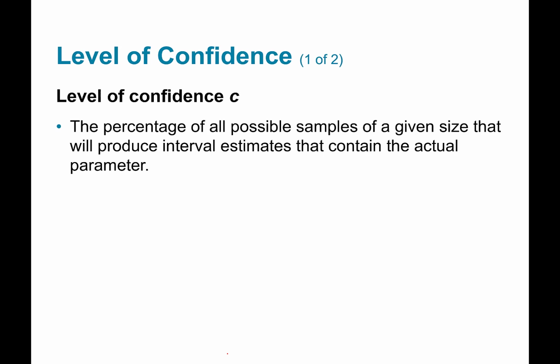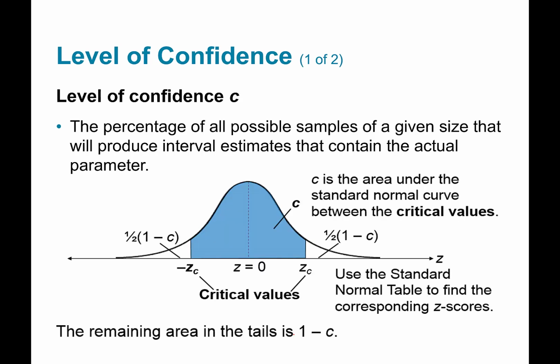To answer that question, we want to have some level of confidence C. This level of confidence C is the percentage of all of our possible samples of some given size that are going to produce interval estimates that contain the actual parameter. Looking at this pictorially, C is just the area under the standard normal curve between two different critical values.